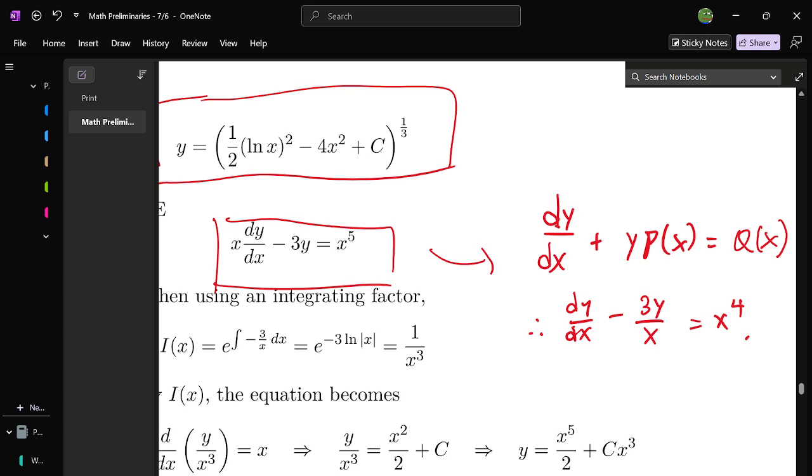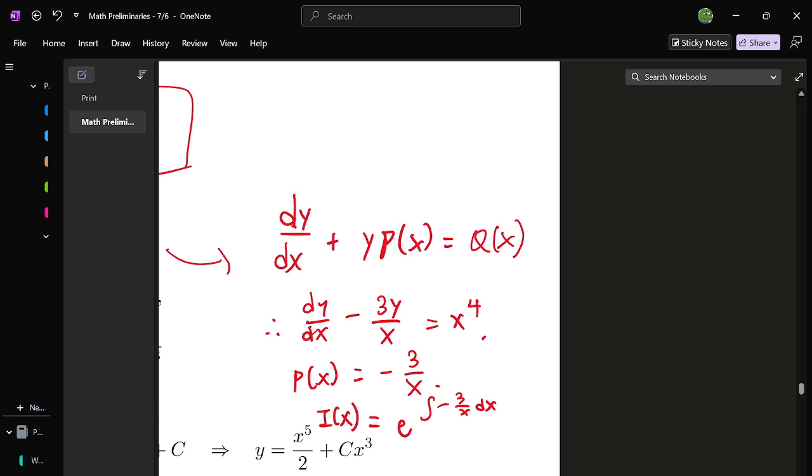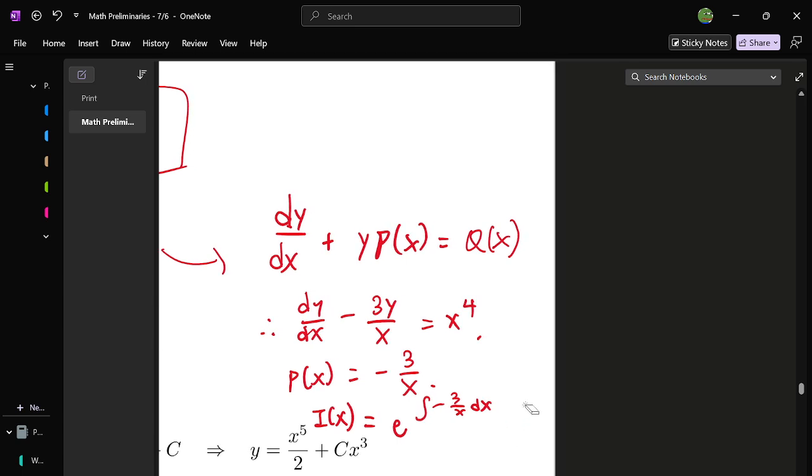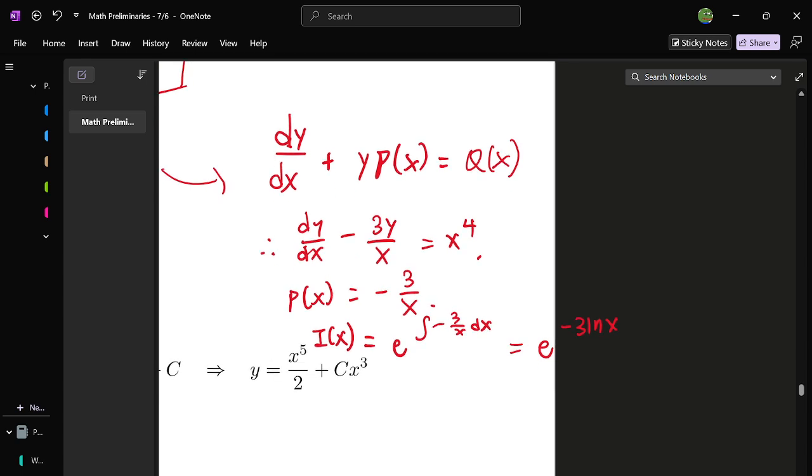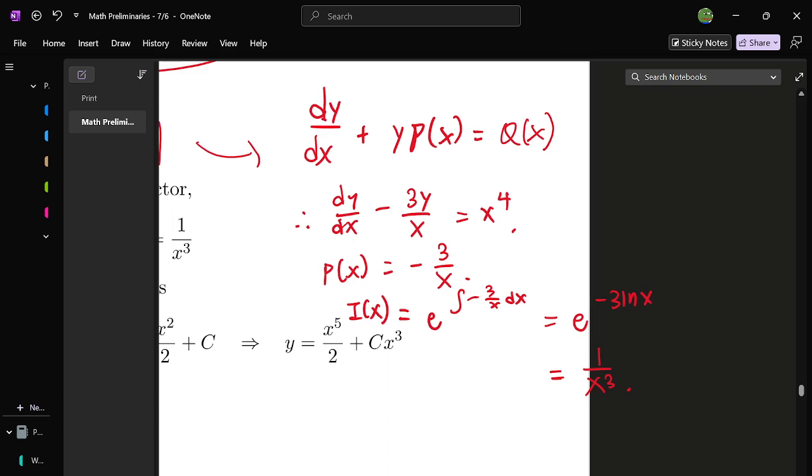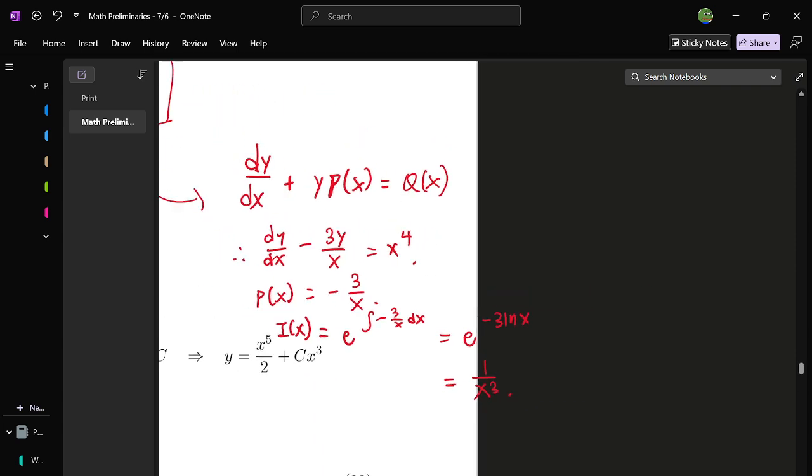So the easiest way to proceed here is because your p(x) is minus 3 over x. This is not constant. So the easiest way is to use an integrating factor, which is defined as such, and we will get this. So this is your integrating factor.